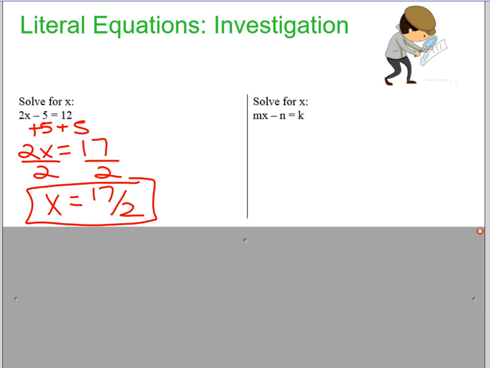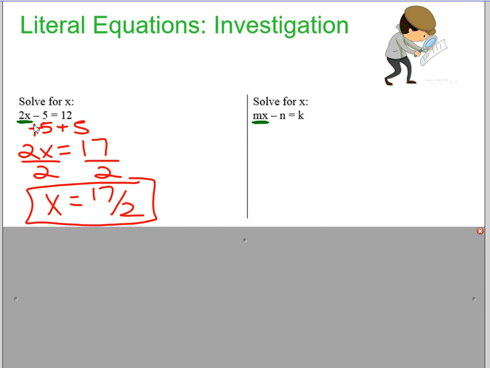Now we're going to take a minute and solve this equation on the right for x. But I want you to notice a couple things. There's a lot of similarities. Look, in the equation on the left, we have 2x, 2 times x. In the equation on the right, we have mx, which means m times x.